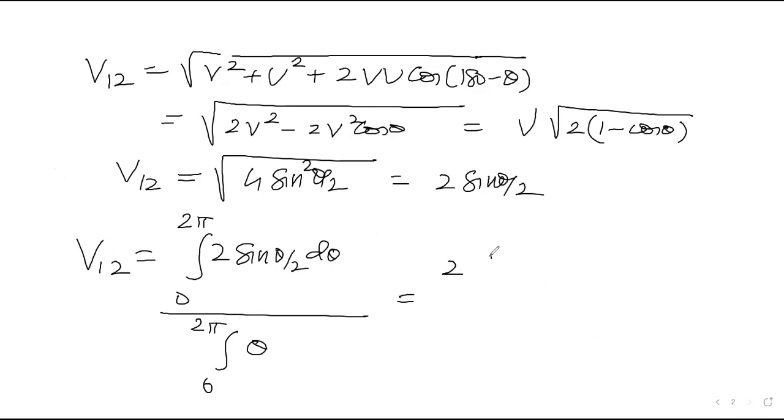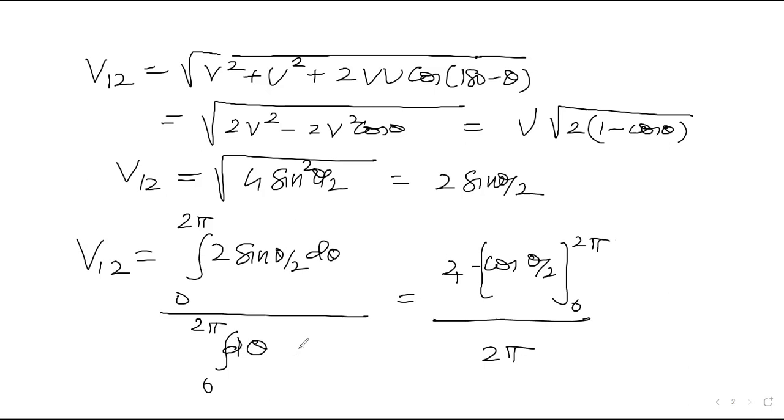The integral of sine theta by 2 will be minus cos theta by 2, divided by half, which gives minus 4. I have to integrate from 0 to 2 pi. So let's find this particular value.